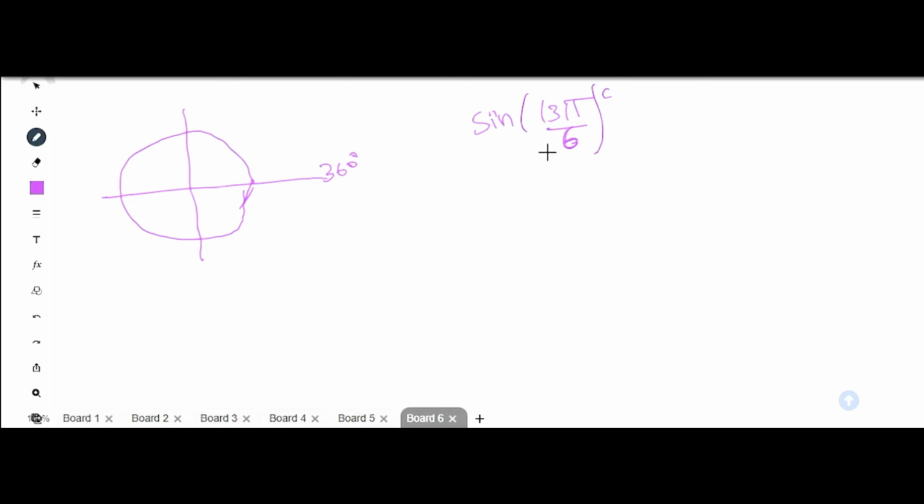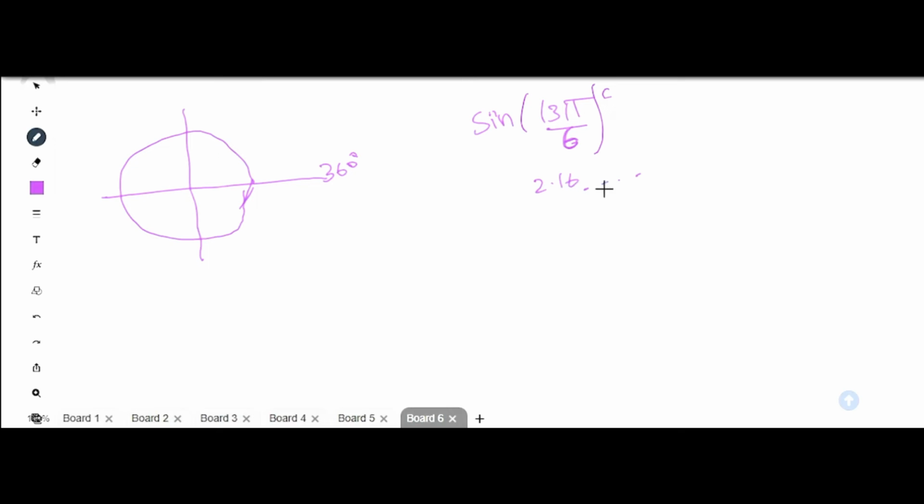You consider first 13 by 6. What value are you getting in terms of decimal? 2.1. Do we do 13 pi over 6 minus 2 pi? Because 2 pi is just 12 pi over 6.